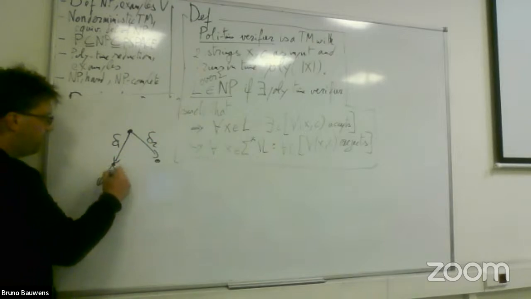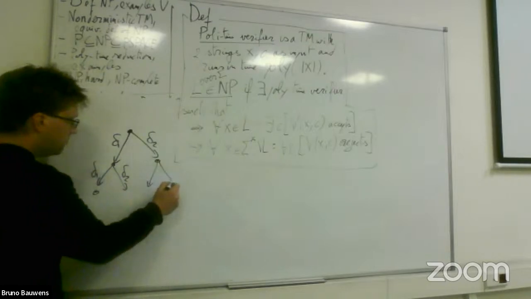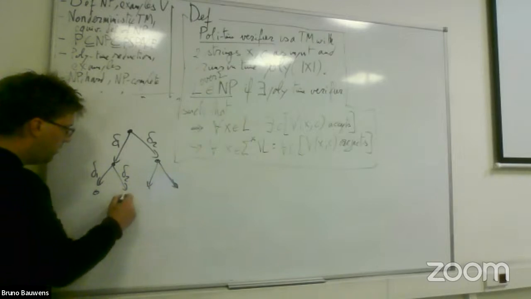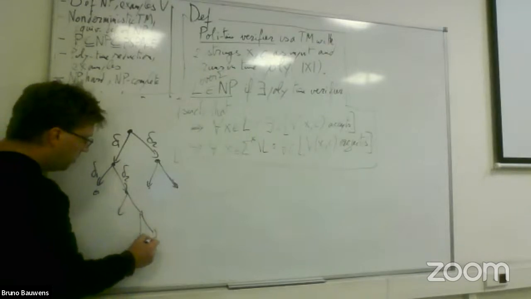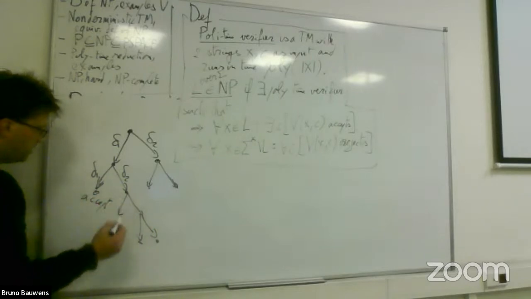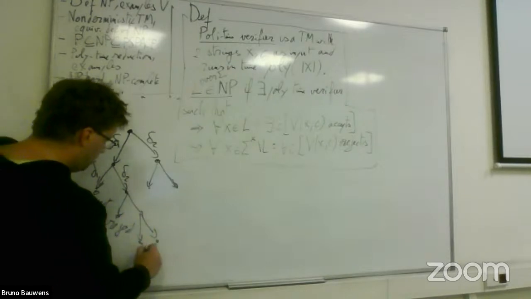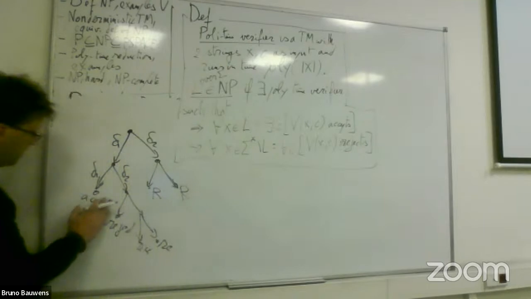For the next step, it again chooses between delta 1 or delta 2, and so on. In this way, we get a tree of possible computations. When these computations stop, they might say accept or reject. I will write R for reject and A for accept.